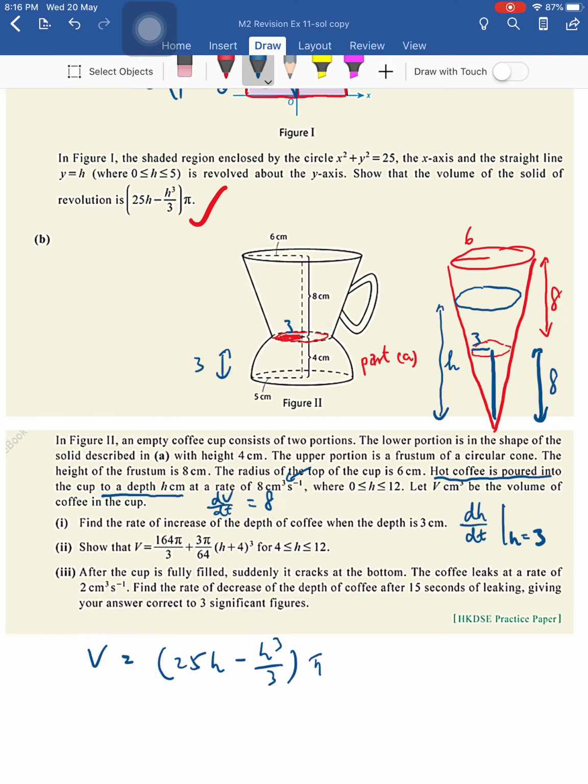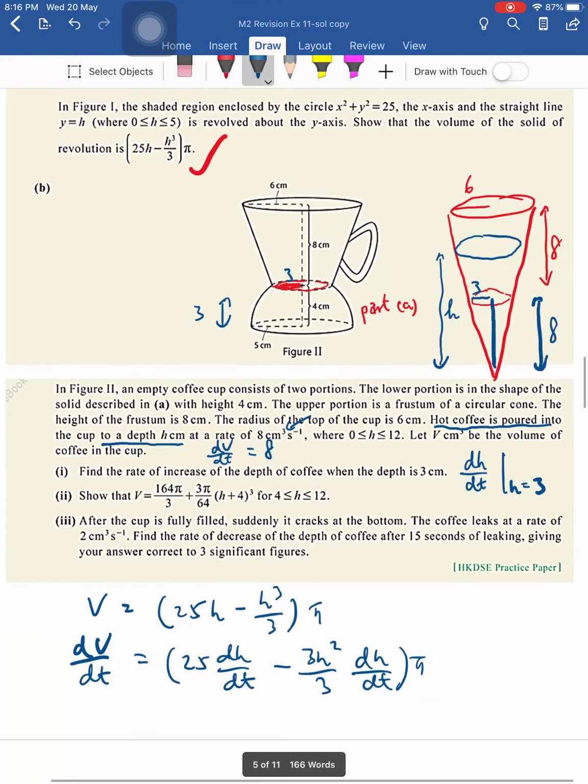You don't go into the fraction part. You are going to find dH/dt, so you find dV/dt first, which is 25 dH/dt minus 3h squared over 3 dH/dt, times pi.